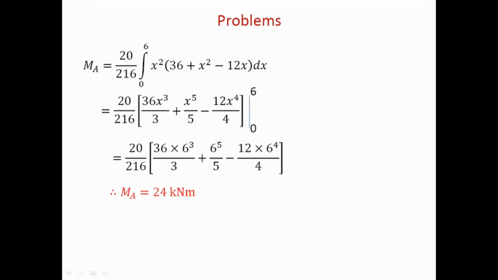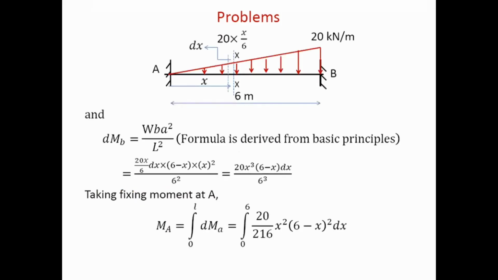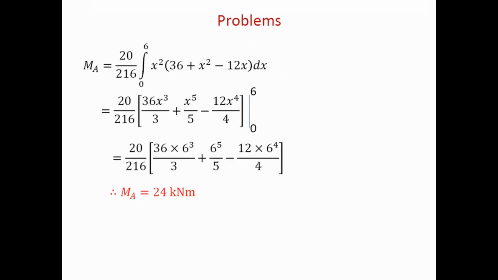So MA is equal to 20 upon 216 into the integration from 0 to 6 of the term that we have expanded. We have taken 20 upon 216 outside the integral. x square is as it is, and 6 minus x bracket square we have expanded, so it is 36 plus x square minus 12x.